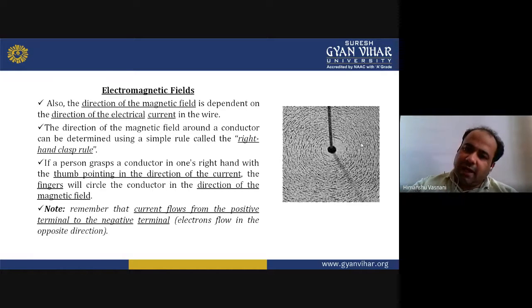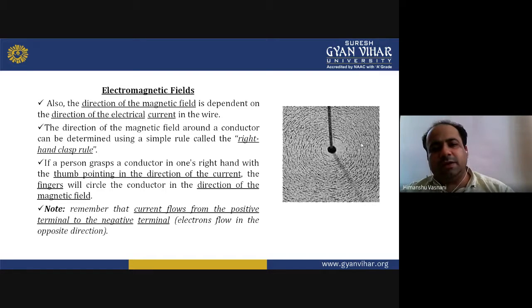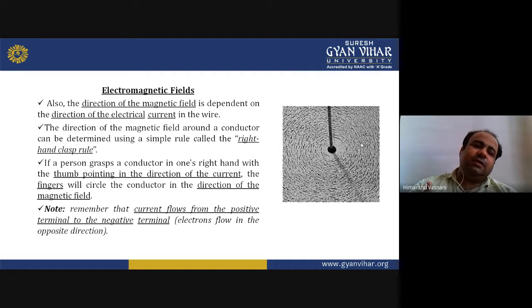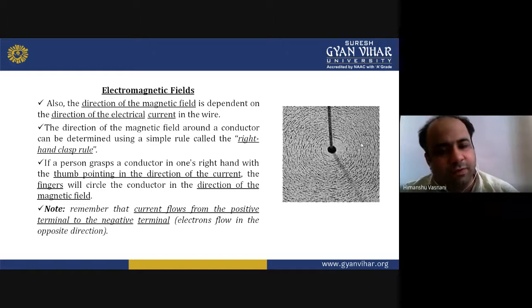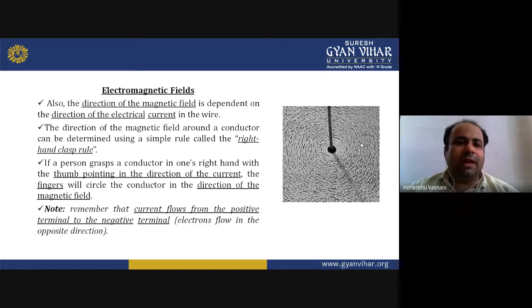The right hand thumb clasp rule says that if a person grabs a conductor in one's right hand, the thumb will point in the direction of the current, and the fingers will encircle the conductor in the direction of the magnetic field. This is how the right hand clasp rule works.